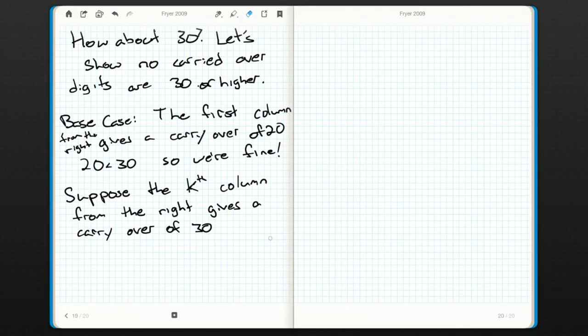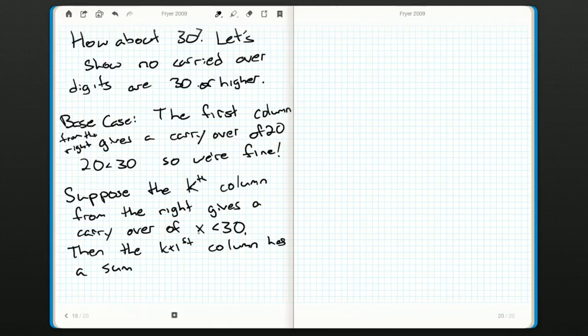Oops, not of 30, we want something less than 30. So we want this sum, including the carryover x added to it, to be less than 300.